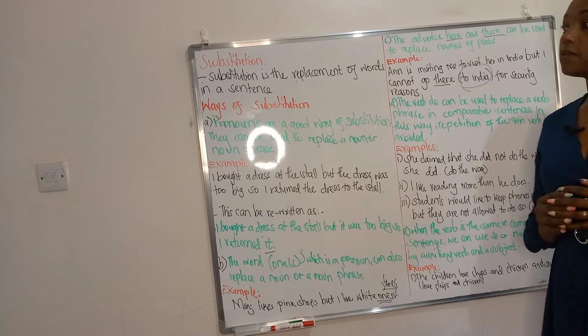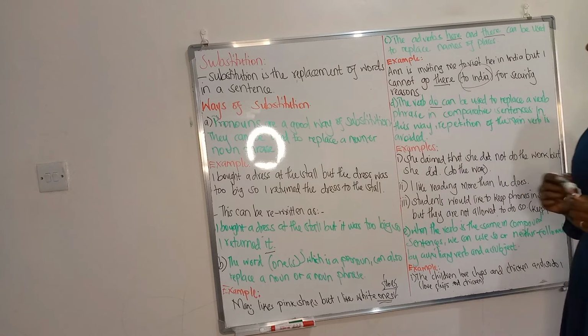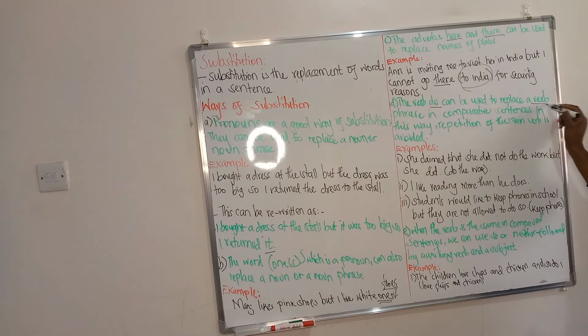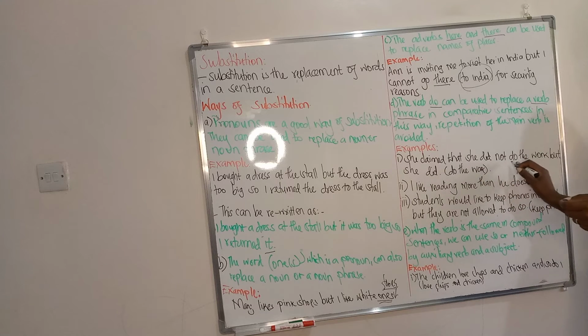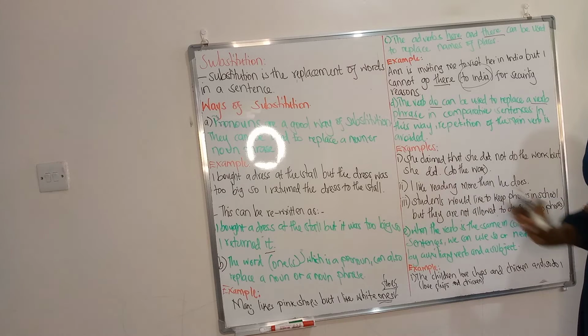Our fourth way of substituting, the verb do can be used to replace a verb phrase in comparative sentences. In this way, repetition of the main verb is avoided. Examples: she claimed that she did not do the work, but she did. This sentence is already replaced.